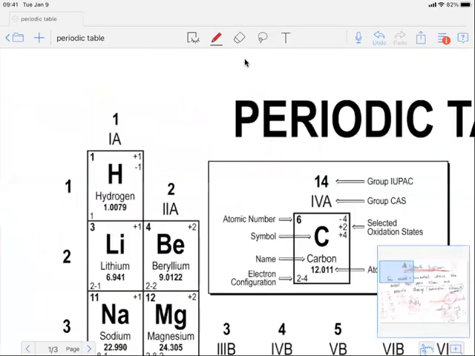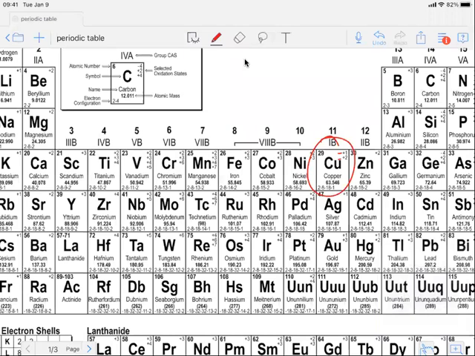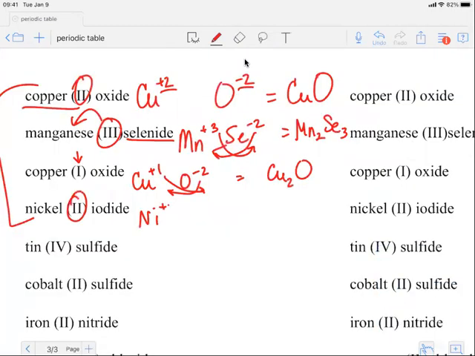Nickel. Come back to the periodic table. Nickel is right next to copper. So Ni, because of the Roman numeral, it's +2. And iodide. Does anybody remember the charge of iodide? Is it -1, -2, or -3? You have a 33.333% chance of getting it right.